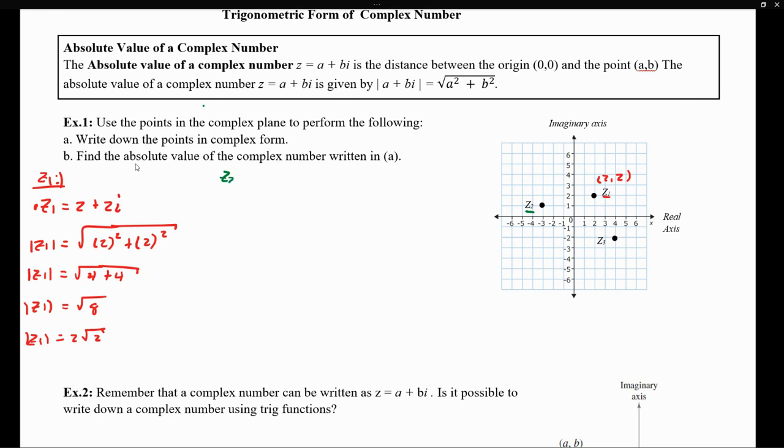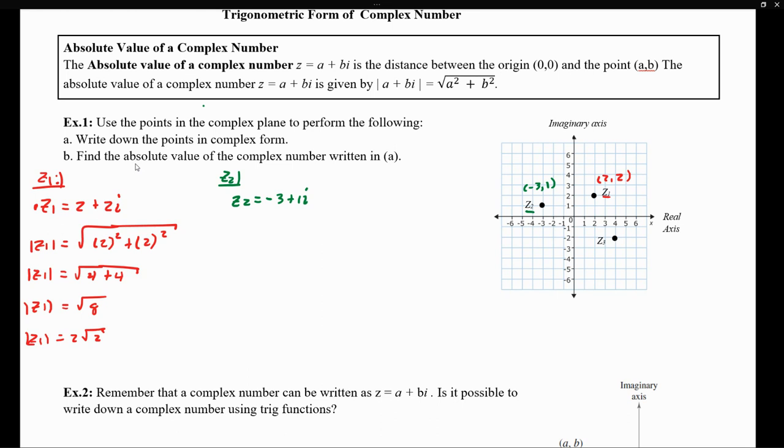First of all, let's start looking at where the location of z2 is. Notice that z2 is negative 3 units on the real axis and positive 1 unit on the imaginary axis. So therefore, my complex representation of this location will be negative 3 plus 1i. This is saying that the real is negative 3 and the imaginary is positive 1.